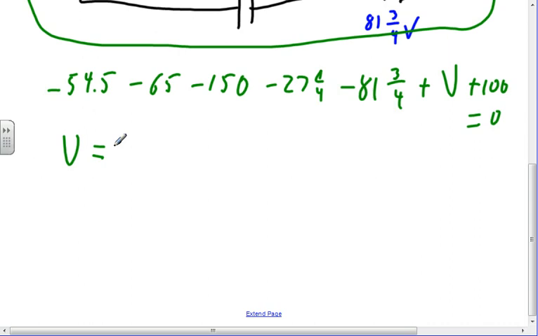Am I really going to get that? 278.5. 1, 2, 3, 4, 5, 6. I should have 6 things here. 1, 2, 3. 1, 2, 3. How come I can't move over and look at it?